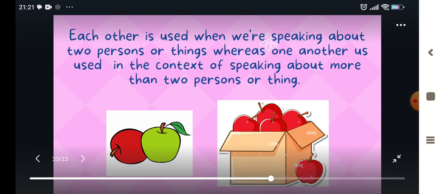There are two reciprocal pronouns, one another and each other. If you have used each other in your writing, perhaps you have two persons or things in your mind. Otherwise, you can use one another if you have more persons or things in your mind.